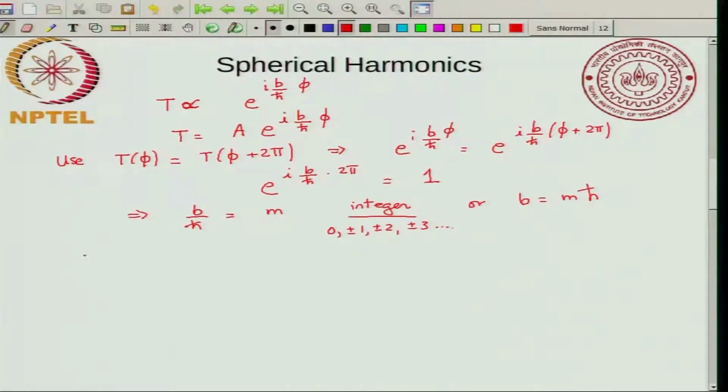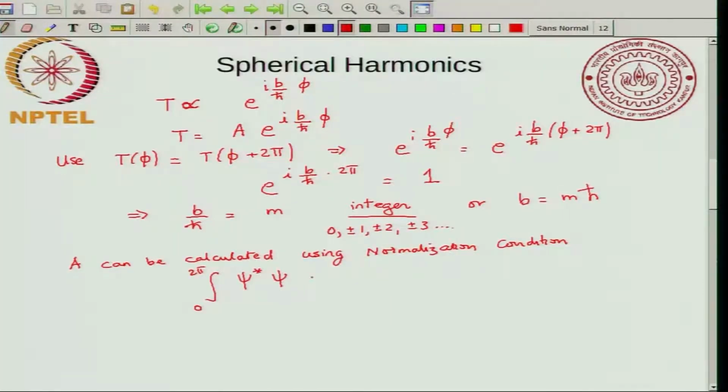Before I do that, I will just say that A can be calculated using the normalization condition. The normalization condition is the integral from 0 to 2 pi of T star T d phi equal to 1.